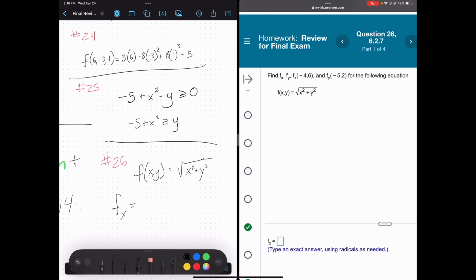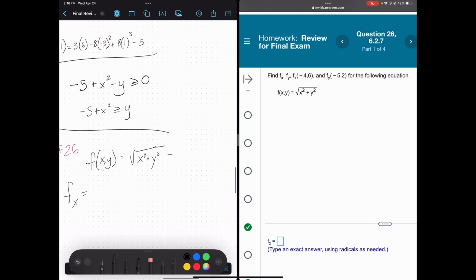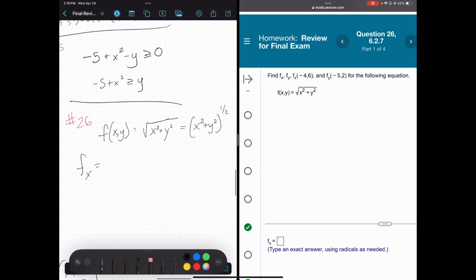This is the same thing as x squared plus y squared to the 1/2 power. So I'm going to use the chain rule here. I get 1/2 times x squared plus y squared to the negative 1/2, since I subtract 1 from the exponent. But then I use chain rule. What's the derivative of the inside?